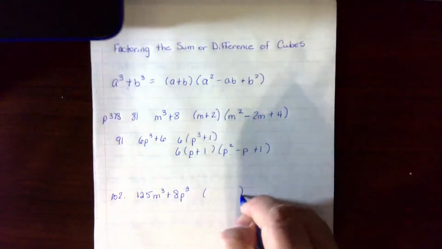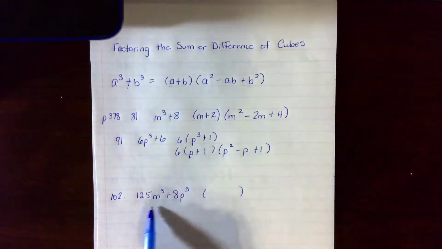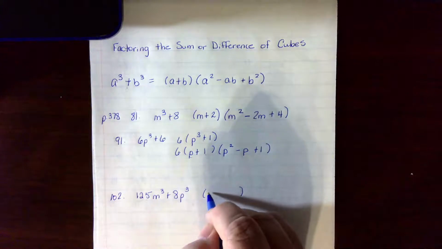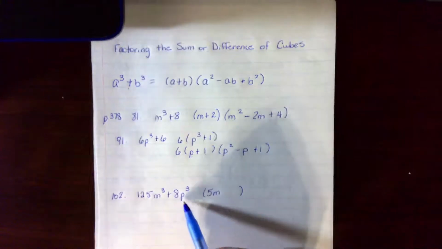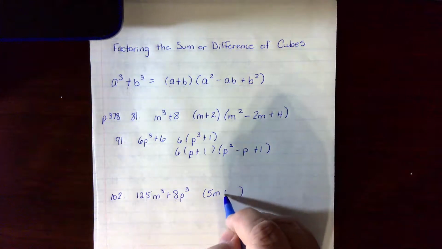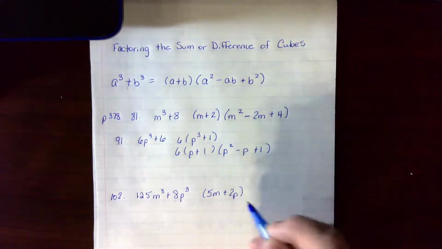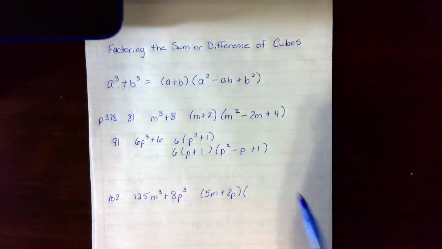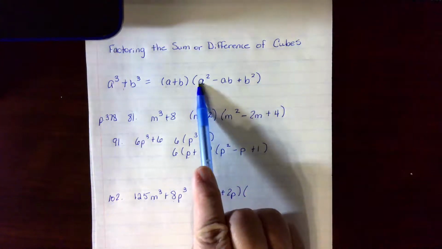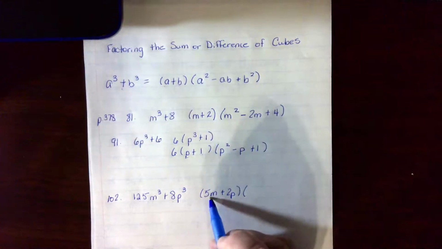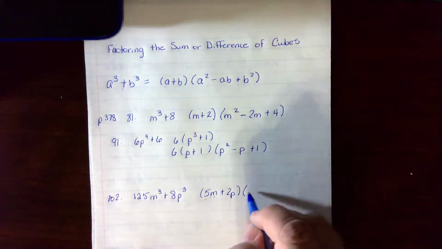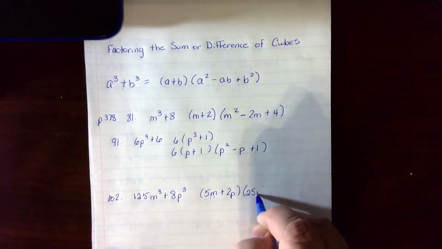So I'm going to do the two cube roots. The cube root of 125 is 5m, and the cube root of 8 is 2p. Then the pattern says square it, multiply them together, square. Square the first one. So 5m times 5m is 25m squared.